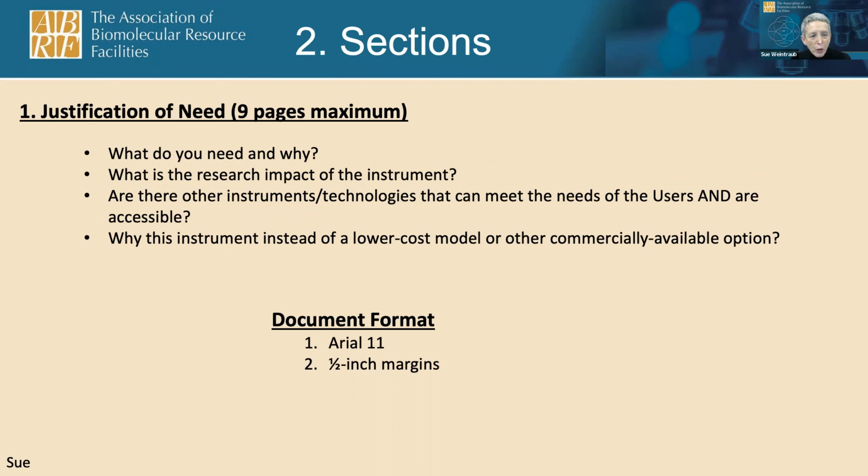I wanted to mention before I get into justification of need that there are 2 sections that we don't have listed on the slides. The first is an abstract, and this is similar to an abstract that you might prepare for a manuscript, and it's an overall summary. You want to start with where you are. What's the institution? If it's a core, what's the instrument?